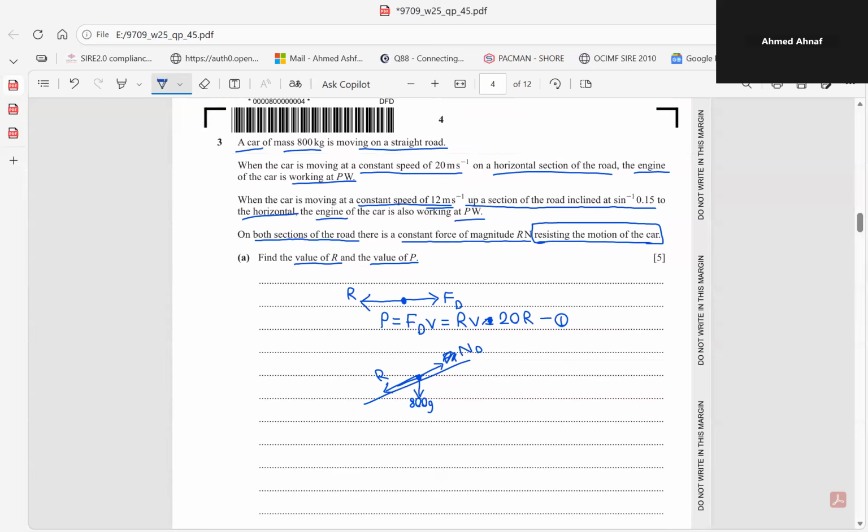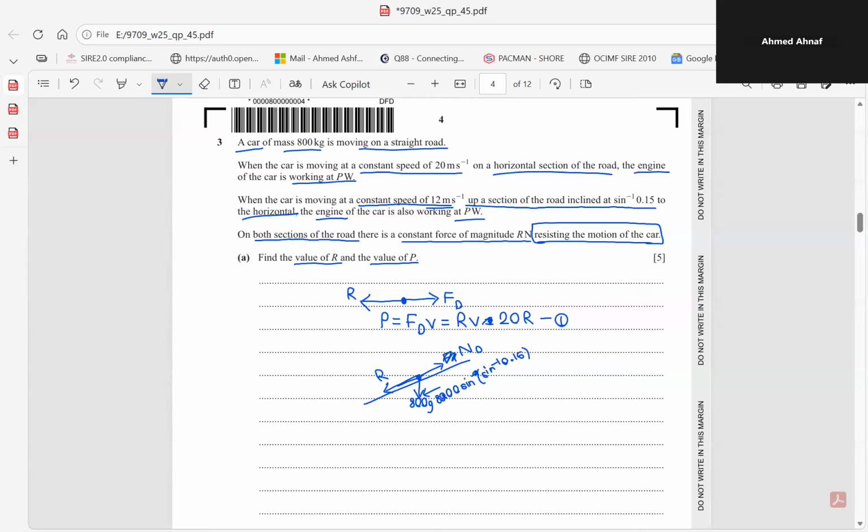The component of the weight along the slope will be resisting the motion of the car in this case. This component is going to be 8,000 times sine of sine inverse 0.15.